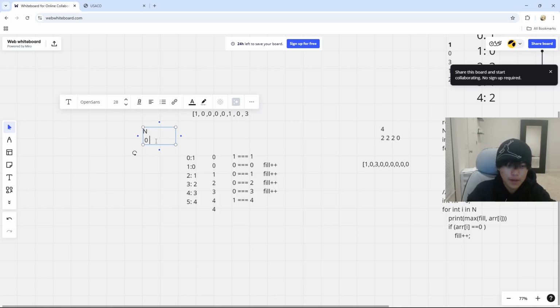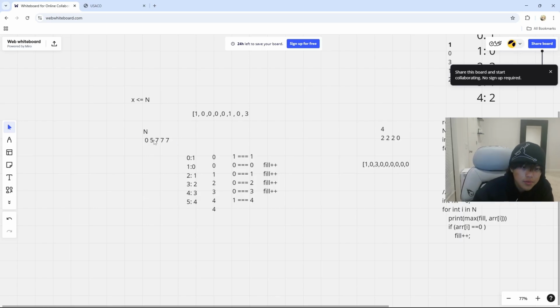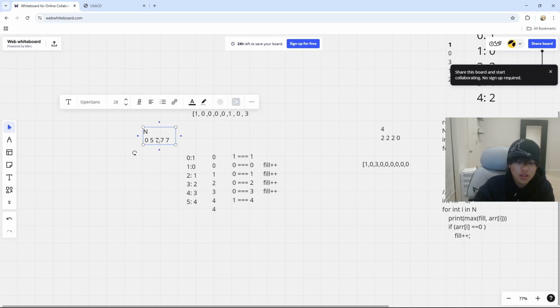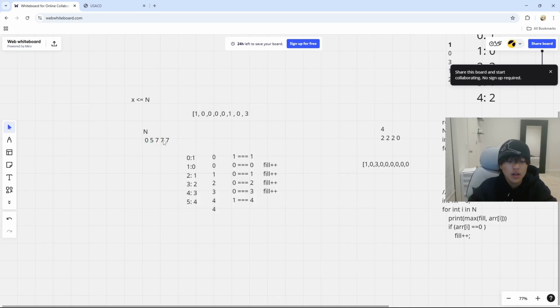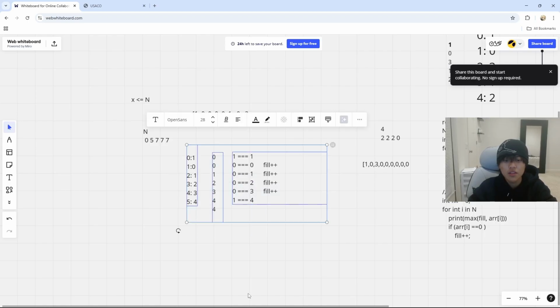Like when I did 0 0 5 7 7 7 or something like that, since the answer was n plus 1, our answer would never get to 7, because our answer is not supposed to be that long. So this should have been maximum 5, something like that. I'm just going to keep it like this, just because it goes with this chart.